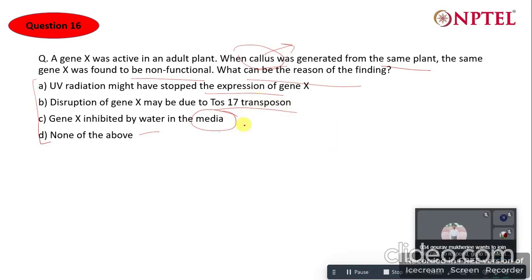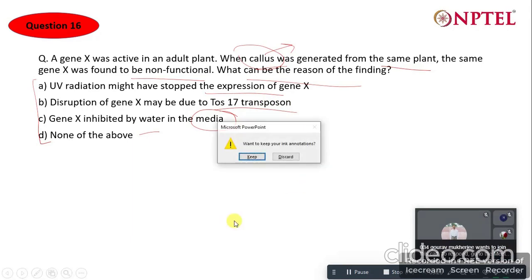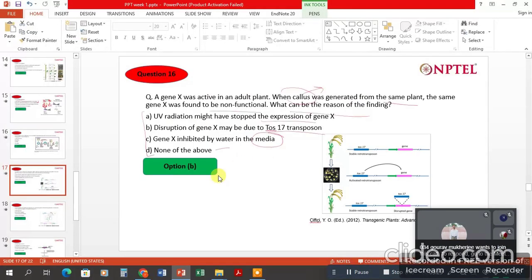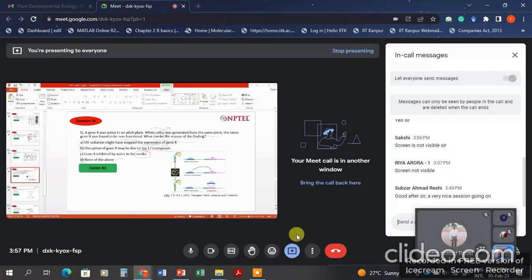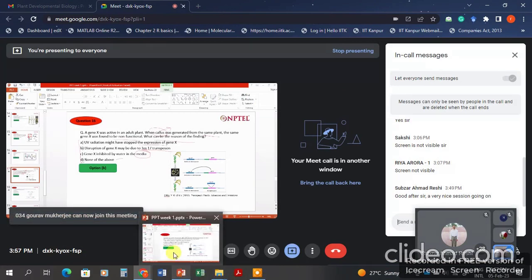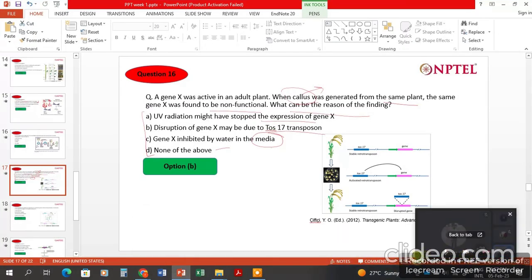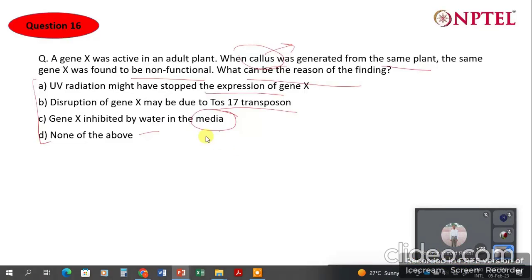Yeah, so the correct option is option B. That is, the gene might have been inactivated by TOS17 transposon.